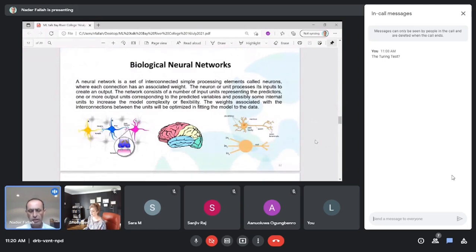Before going to the artificial neural network, let me explain a little bit about the biological neural network. As you know, in our brain we have a lot of neurons. They are connected to each other, and by connecting to each other they help us make decisions. We have around 100 billion neurons, with 1 trillion connections to each other. You can see it's a very, very large network that is not easy to replicate, but it might be an ultimate goal for us to make such a big neural network.